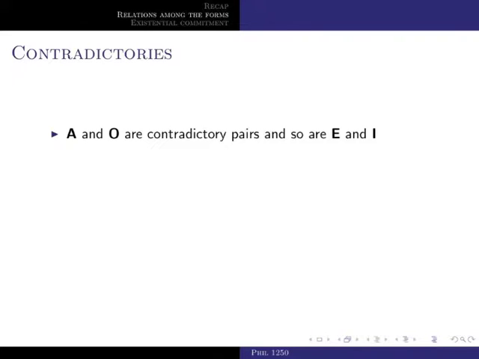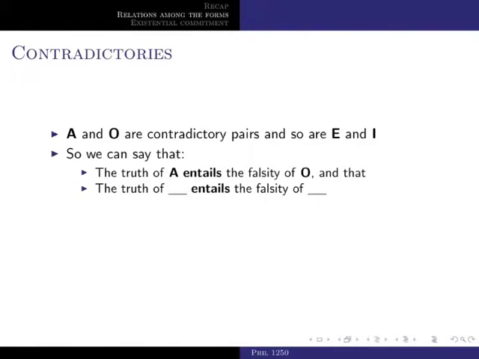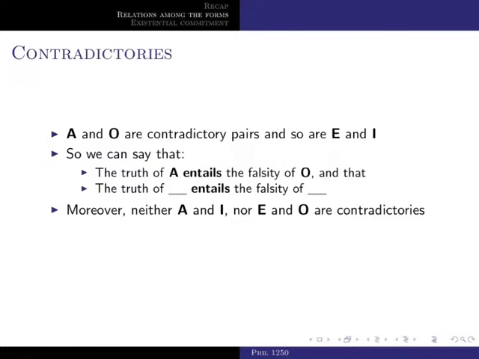In our last video, we identified two pairs of contradictories, A and O, and E and I. So we can say that the truth of A entails the falsity of O, and vice versa. And completing the second line, the truth of E entails the falsity of I, and vice versa. Also, the pairs A and I and E and O are not contradictories.